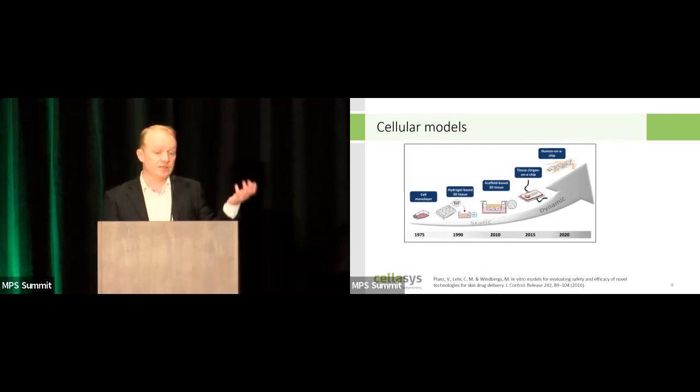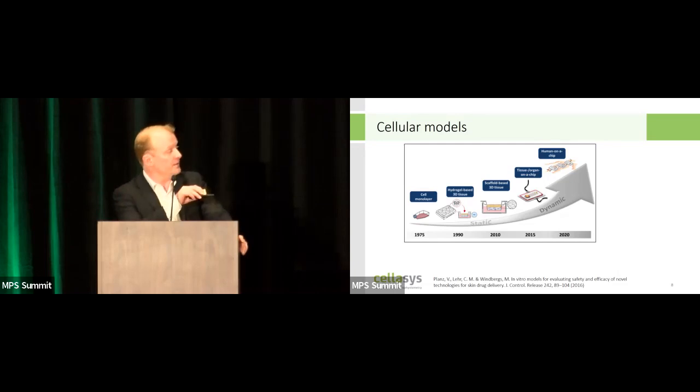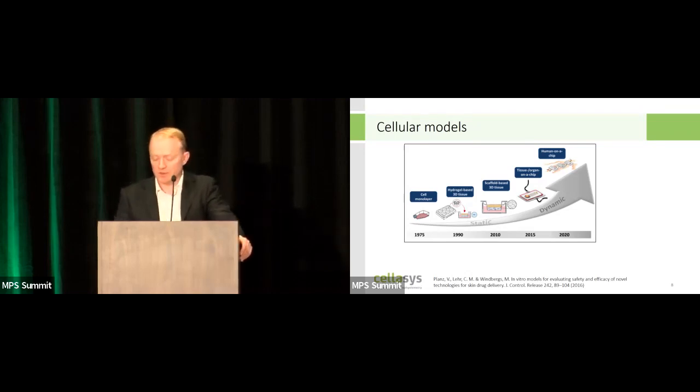We went into 3D models, then to tissue inserts, and then we interconnected them. On that development path, the fluidic system changed from a static to a dynamic fluidic system and became more and more complex. I'd like to show a few examples from us of how we develop systems according to that value chain.